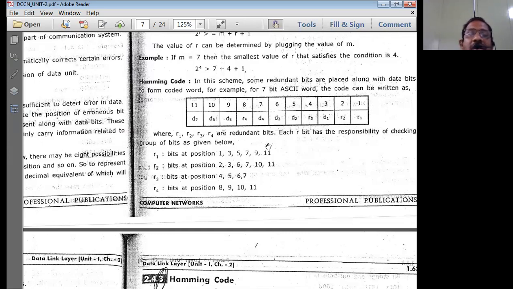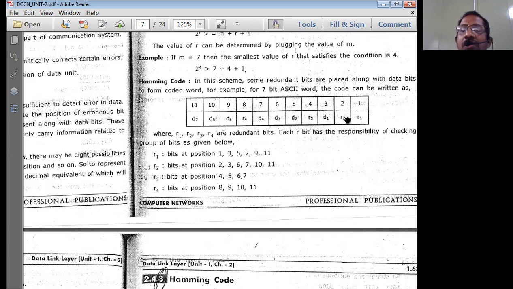So here 1, 2, 3, 4, 5, 6, 7, so on up to 11 are the bit positions that the transmitter, or the sender, is going to send. Once the sender transmits these bits, we arrange R, which is nothing but the extra bits or redundant bits. Now D is nothing but data bits, actual data bits.